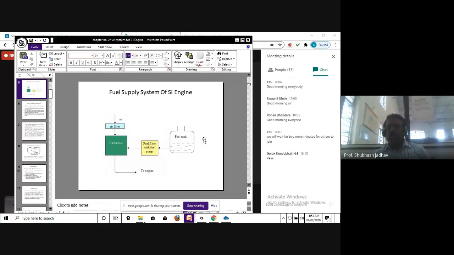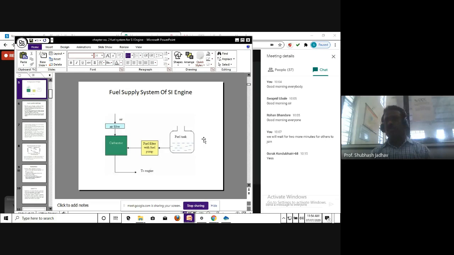So it is 11:53 now. To some extent, I have covered what the carburation process is, what the requirements of a mixture are, and the requirements of a fuel for an IC engine. I started with the requirement of the fuel for engines, and then I moved on to the SI engine fuel supply system.